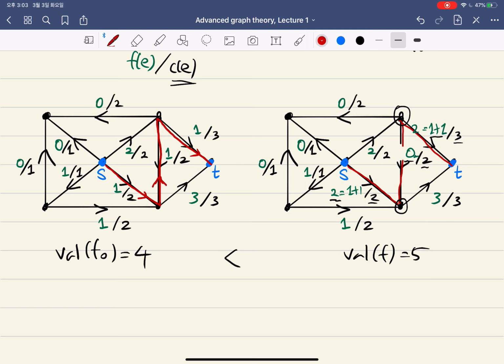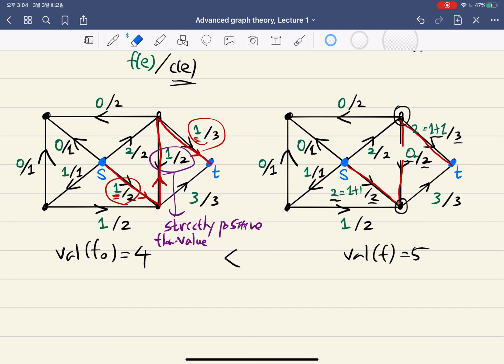On the way, these 2 vertices were not full, meaning that this 1 and 1 was strictly smaller than the capacity. And another property is that this edge, which is oriented the opposite way than this red path, has strictly positive flow. So those are the essential reasons why we could do this.